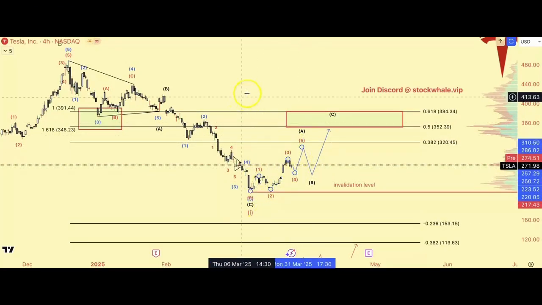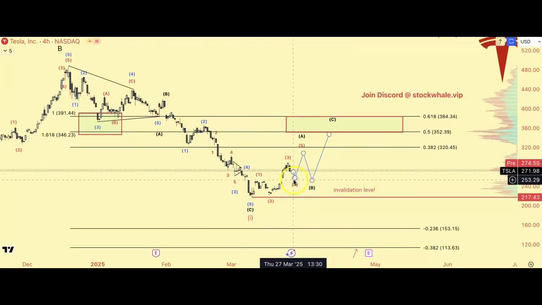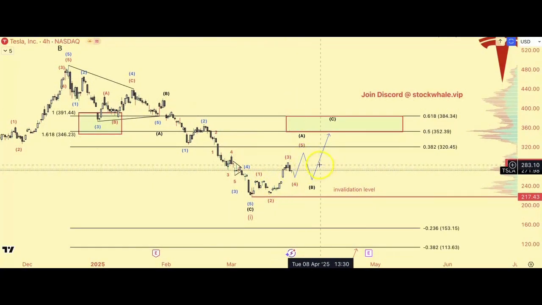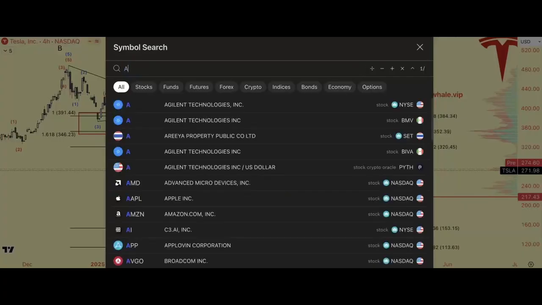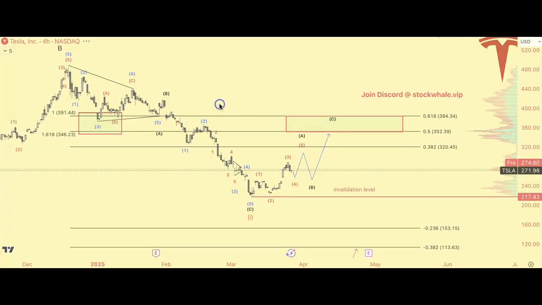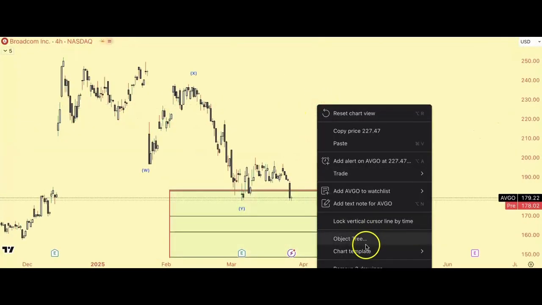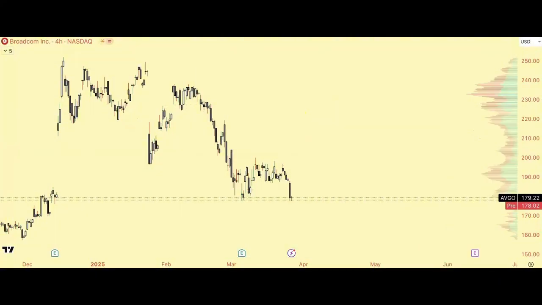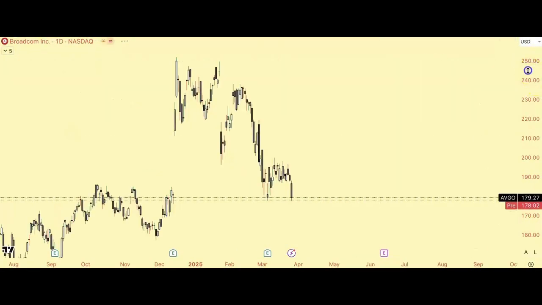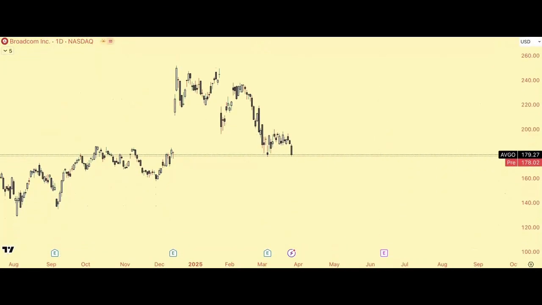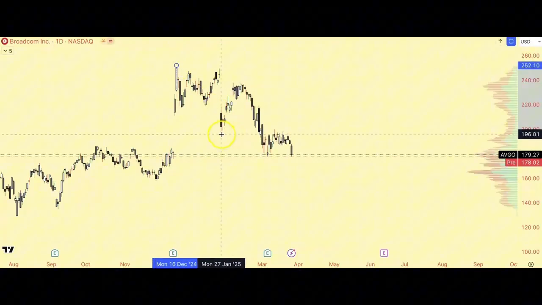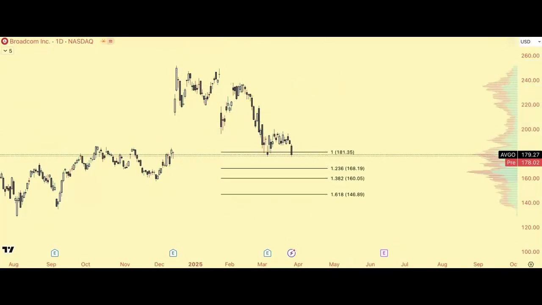Make sure you keep a lookout for not only Tesla, but NVIDIA. You need to make sure you keep an eye out on NVIDIA. One thing that I also am a little bit wary about is Broadcom here. This is the only other stock in the market where we have a green box buy right here.